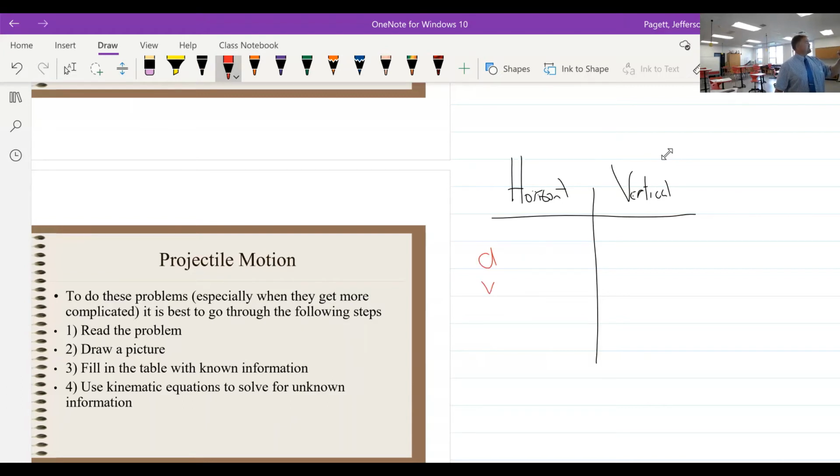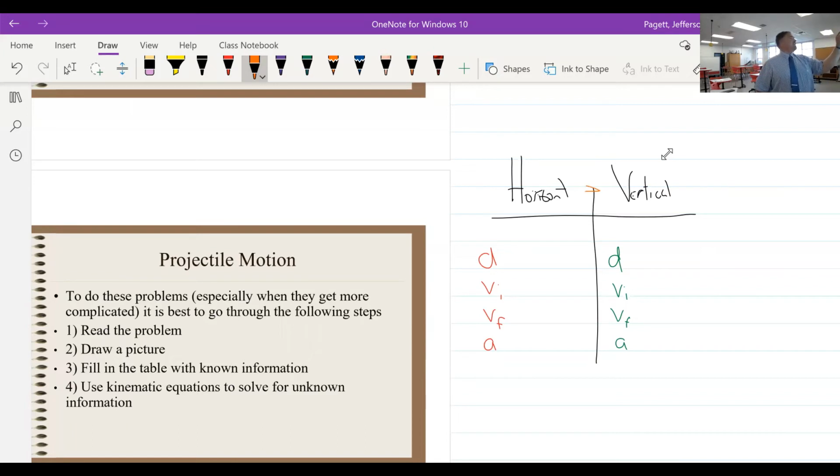And we know its initial velocity, and we know its final velocity, and we can figure out its acceleration. And vertically, we can know its position, its distance, displacement, its initial velocity, its final velocity, and its acceleration. Now, because these two are independent of each other, very, very important, you're going to hear me talk about this tomorrow as well.